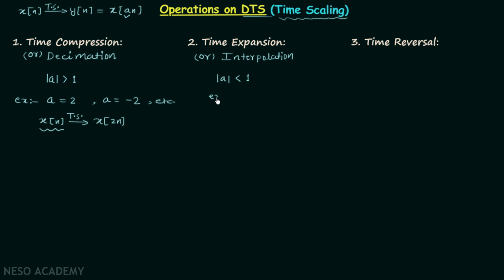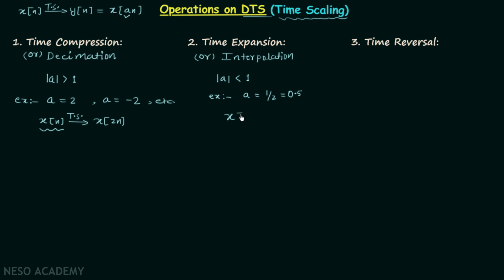I will give you a few examples. When a is equal to 1 by 2, or you can say 0.5, you will find mod of a is equal to 0.5, which is less than 1. So in this case, we will have time expansion.